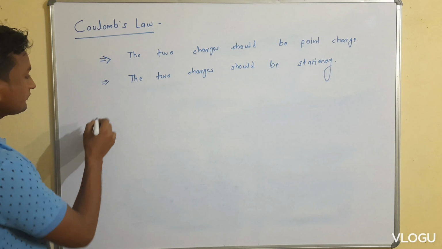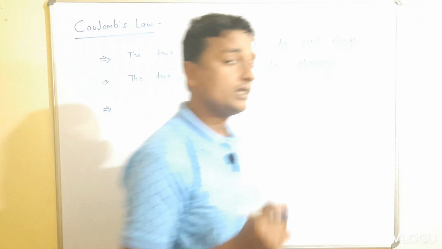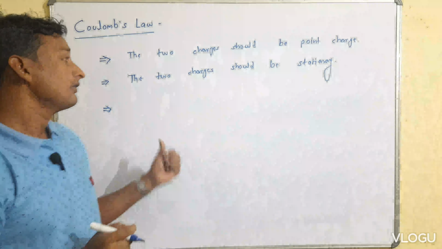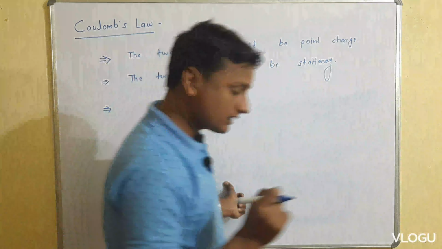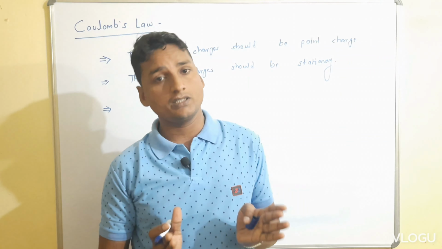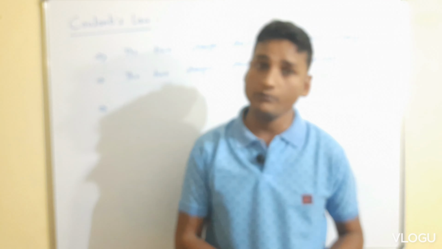Now the third important condition we can consider, which is also a limitation of Coulomb's law, is that Coulomb's law does not work within nuclear distance. If the distance between two charges is greater than the nuclear distance, only then is Coulomb's law applicable.